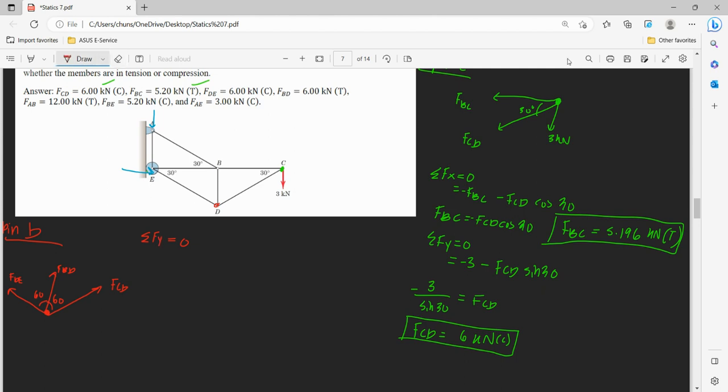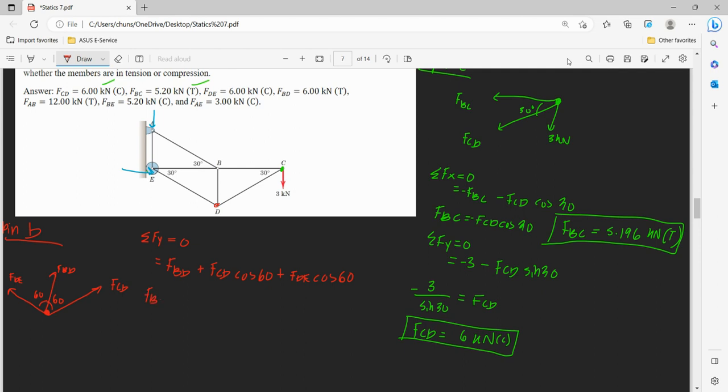So we have positive FBD, and all these are pointing in the positive y direction. So this is FCD cos 60, plus FDE cos 60.